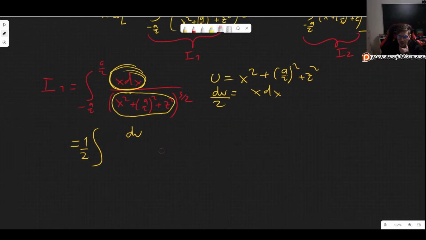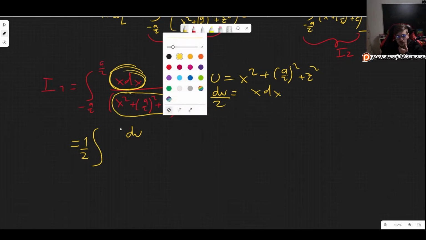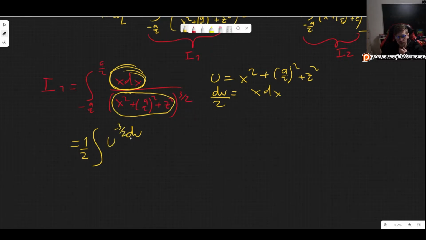This is simply the integral of u to the minus 3/2. So that is, of course, let's see, 1/2. And the integral of this is going to be minus 2u to the minus 1/2. You take the derivative, you get minus 1/2, which cancels out this, and you get u to the minus 1/2 minus 1, which is minus 3/2.